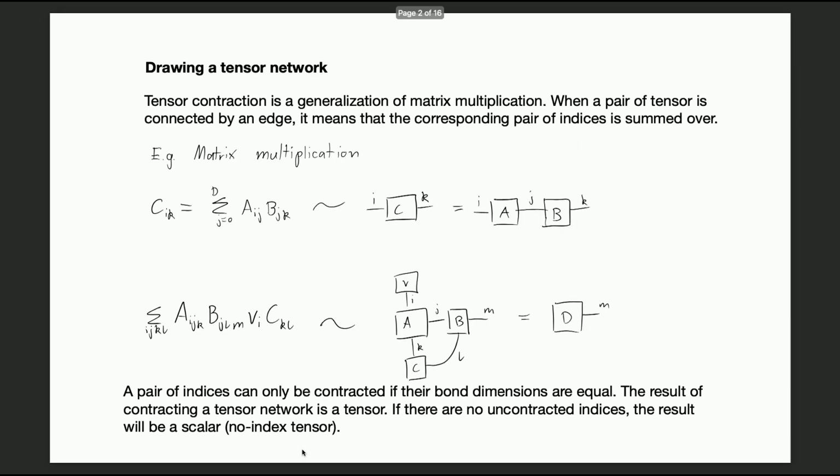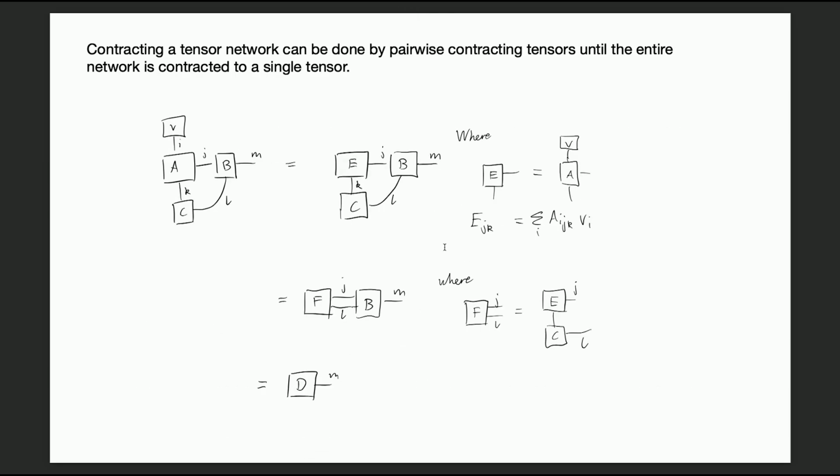Okay, so how do you actually calculate a tensor contraction in practice? There's not one way to do it, but maybe the most common way is to do the contraction pairwise. By that I mean you contract tensors pairwise together until all of them are contracted. If we look at this example, one way you can evaluate this tensor contraction is first you contract this V and the A tensor together to get this E tensor.